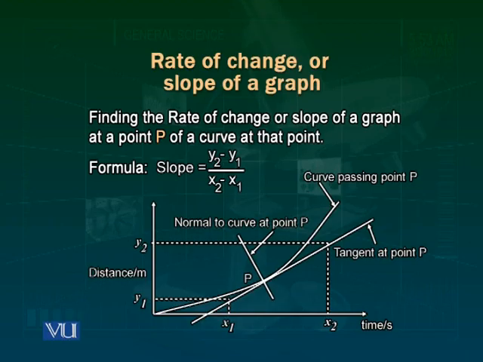Once we have the tangent at point P, we find the gradient of the tangent. This is one of the techniques to find the rate of change at that point.